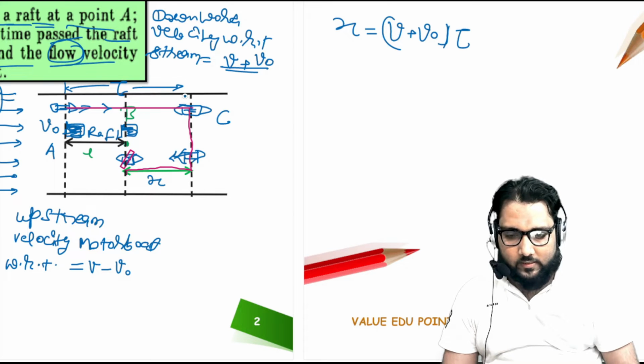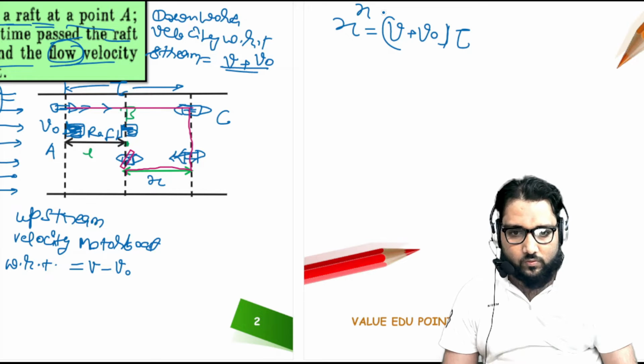The total distance, minus the L distance, then x will come automatically. So we can say x is equal to AC minus AB.